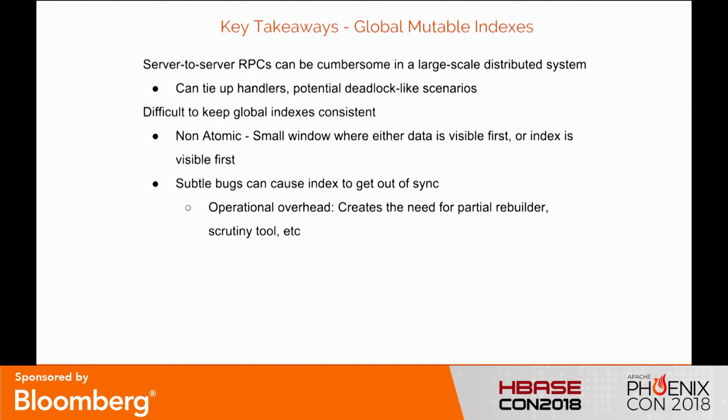And they're difficult to keep consistent. Remember I showed the steps in HBase where the MVCC happens. That means you're always going to have that small window where either the data write is visible first or your index write is visible first. It's not atomic, whereas local indexes, as I mentioned earlier, are atomic.